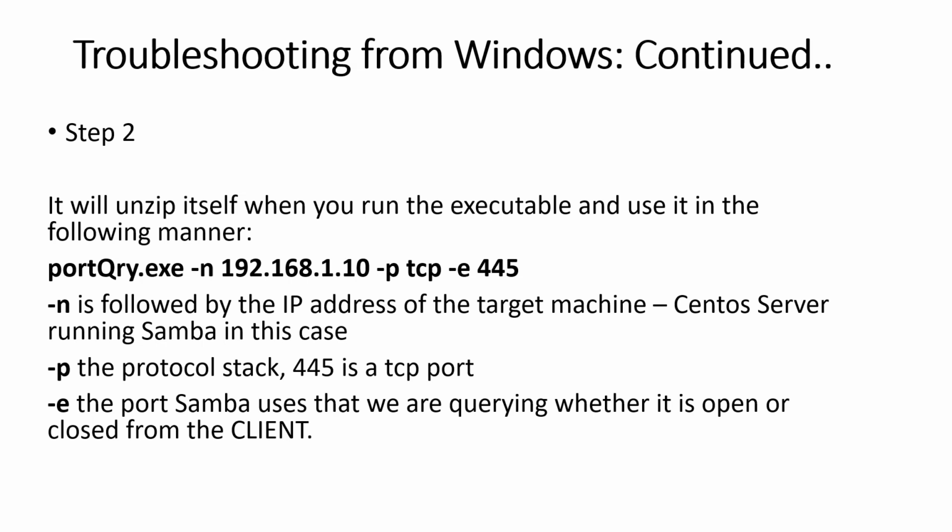192.168.1.10 -p TCP -e 445, where -n is followed by the IP address of the target machine, which is the CentOS server running Samba in this case, -p for the protocol. As you know, 445 is a TCP port, and -e is the port Samba uses that we are querying, whether it's open or closed from the client end.